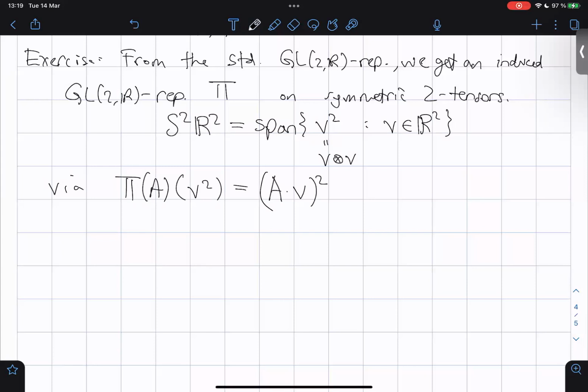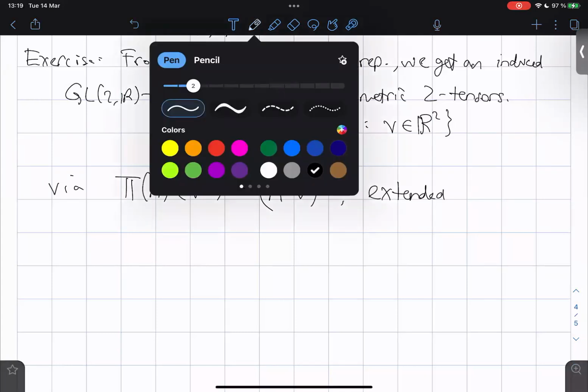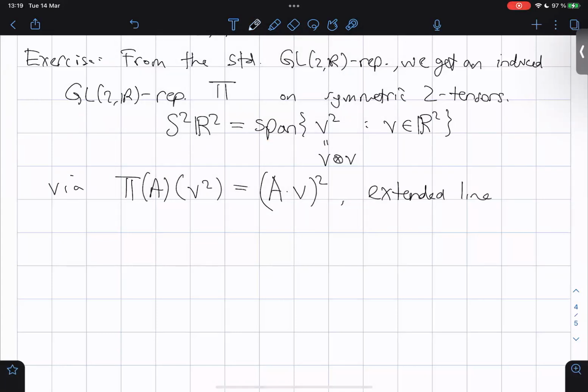This is actually well defined. Since this vector space is the span of such, I do have to extend the definition linearly to the entire vector space. I haven't got to the exercise part yet.